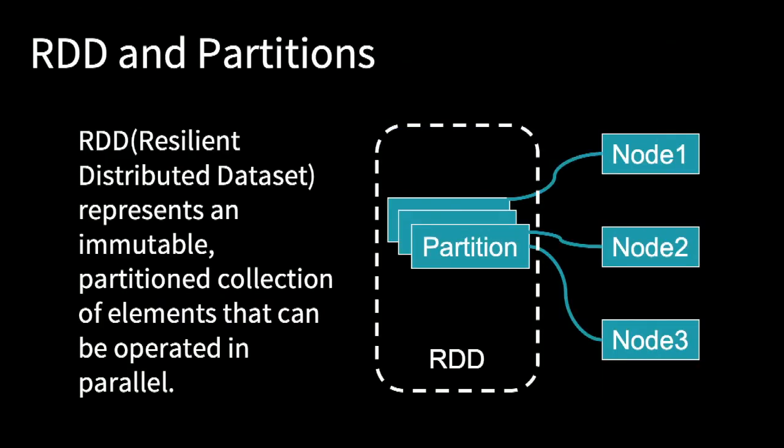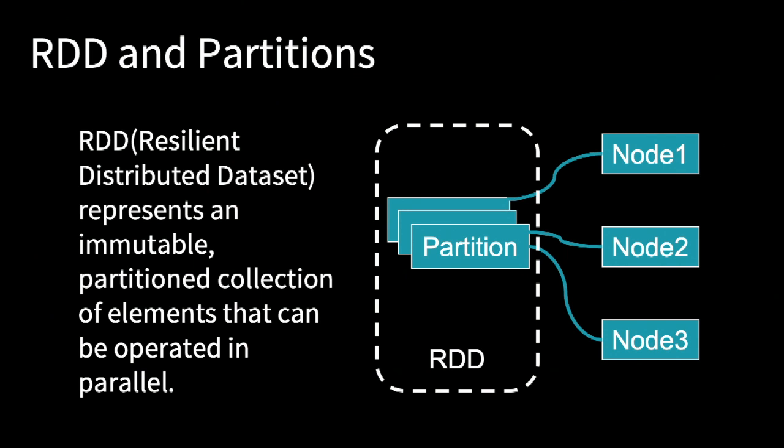Let's explore together. First, let me introduce the concept of RDD, also known as the resilient distributed dataset, which is the initial concept of the Apache Spark program. Actually, RDD is a dataset that represents an immutable partitioned collection of elements that can be operated on in parallel.